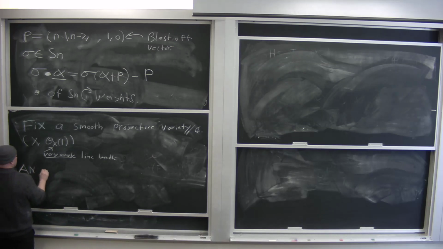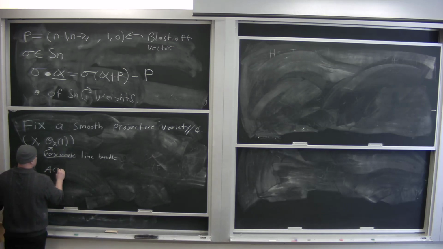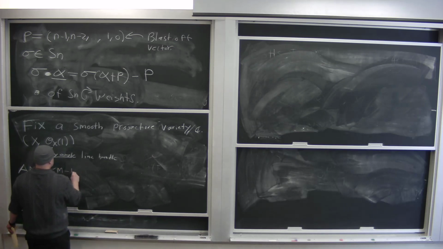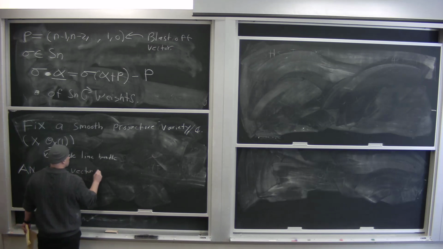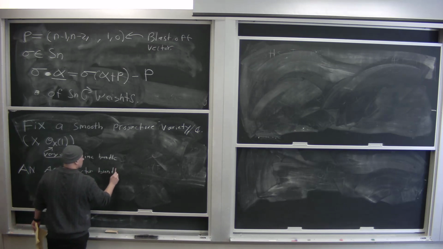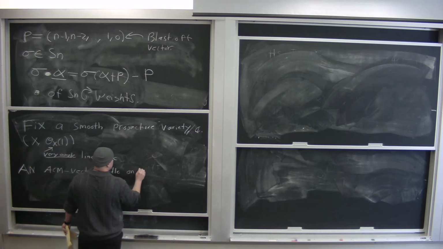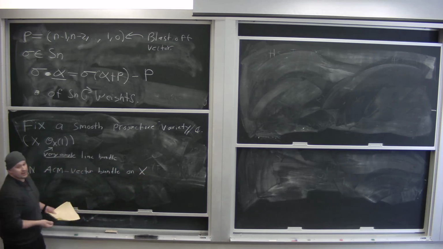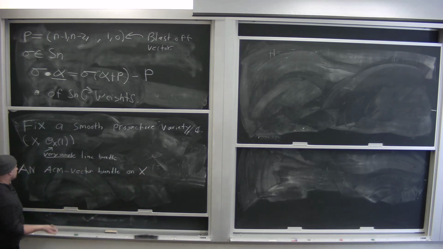An ACM vector bundle on X. This means arithmetically Cohen-Macaulay.